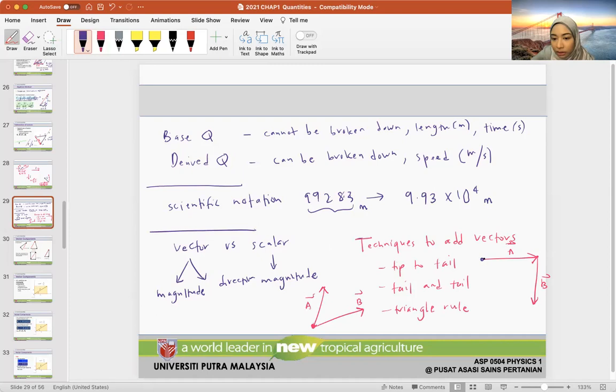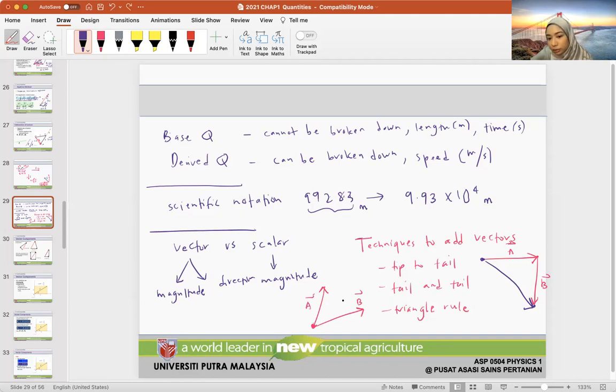We go from the initial point to the end point. So I started with vector A. So vector A starts from here to here. This is the tip. This is the tail of B. And then I go over here. This is vector B. This is the end. I go from the beginning to the end.